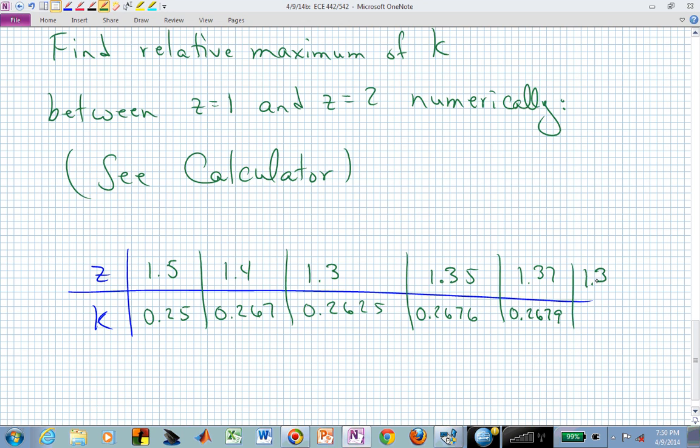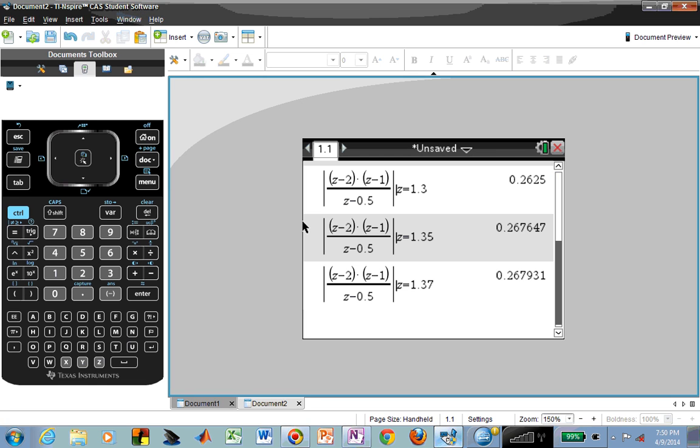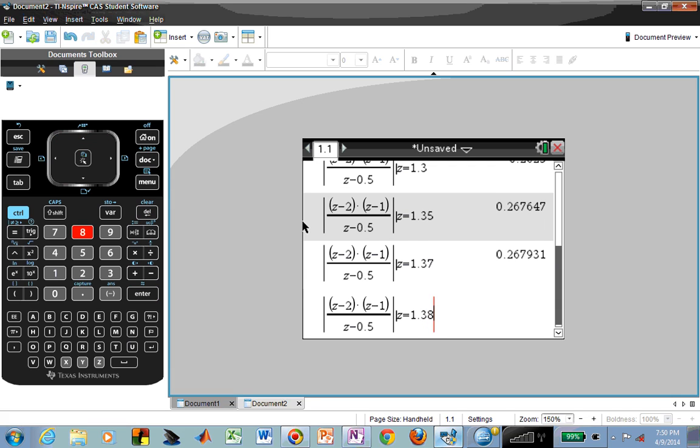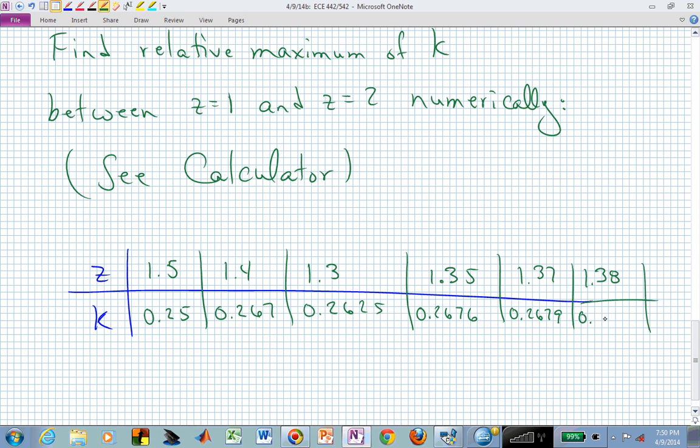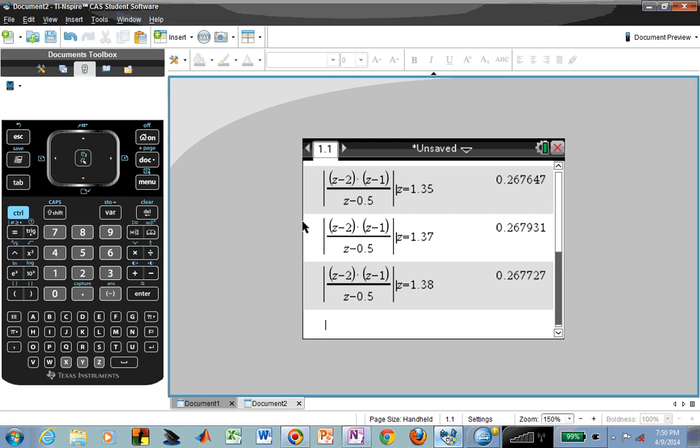If we look at 1.38, now we're getting smaller than we were at 1.37. So this is 0.2677, I believe.